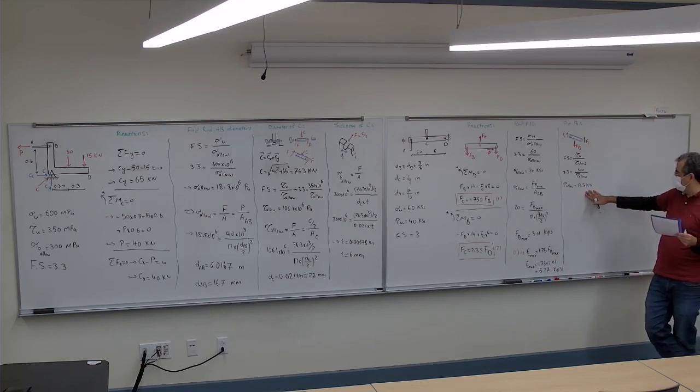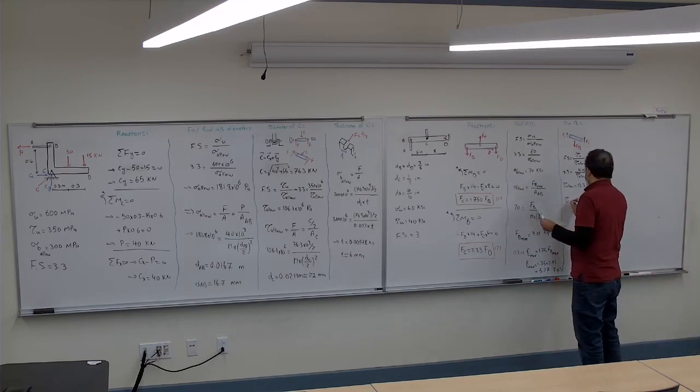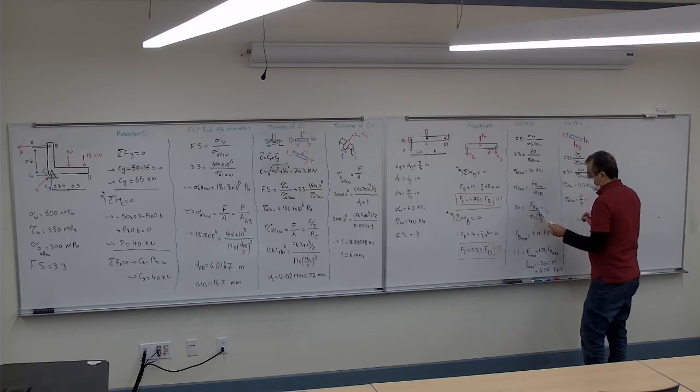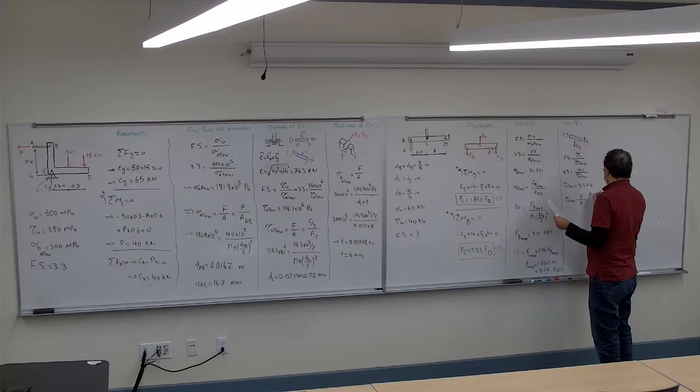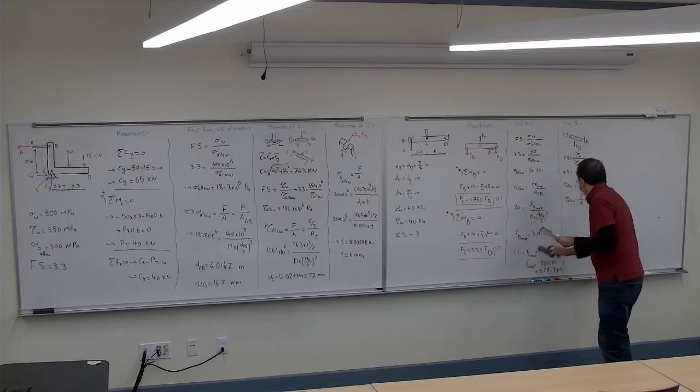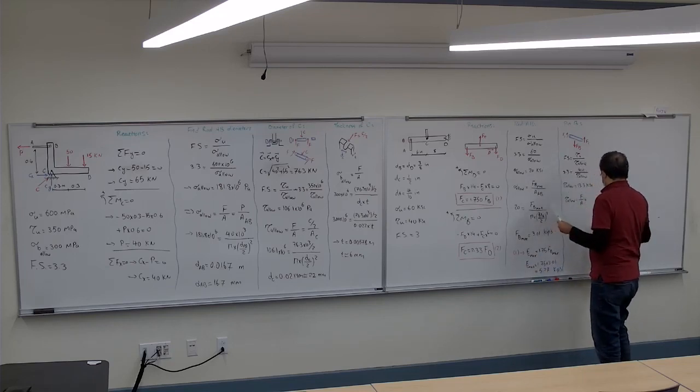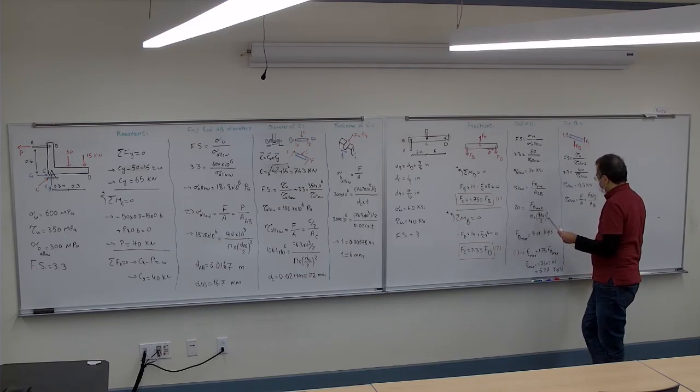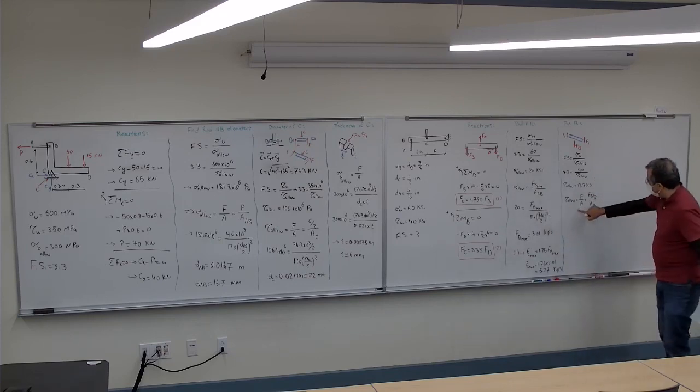Now I'm gonna use that equation. The tau allowable is the force divided by area, which is gonna be half of the FB divided by area of that B. So look here, I want it to break.